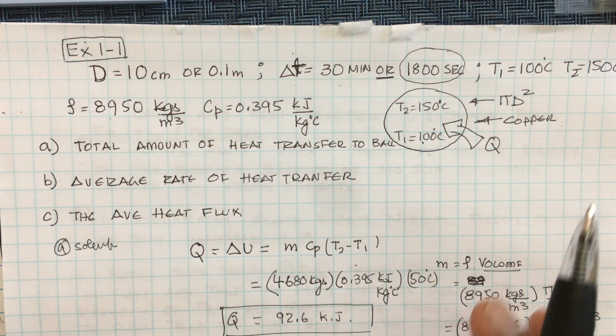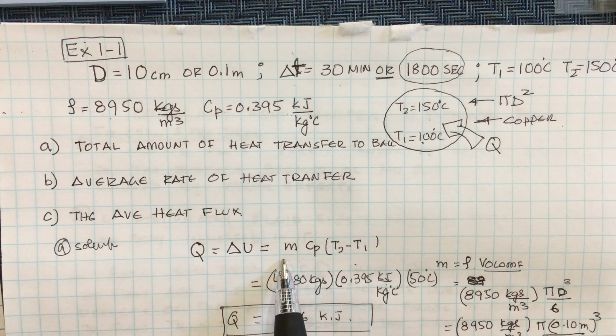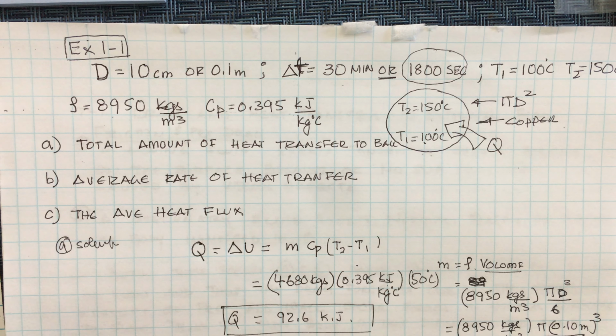Then you use the equations and plug in. When we find the mass, you need to know the formula for the sphere volume, and to find the heat flux, you need to know the surface area of the sphere. This has to be in your back pocket when solving this problem.